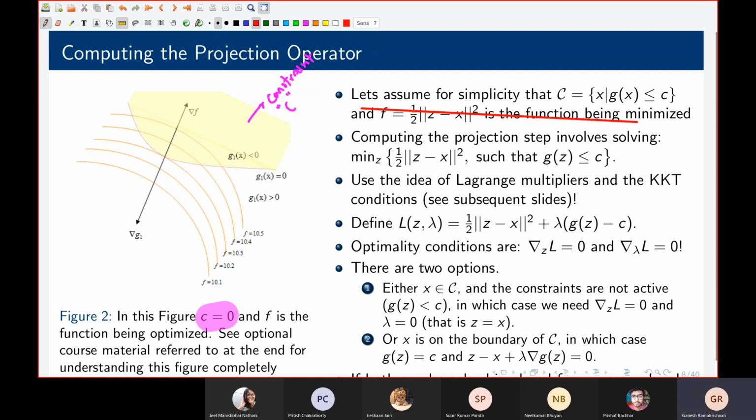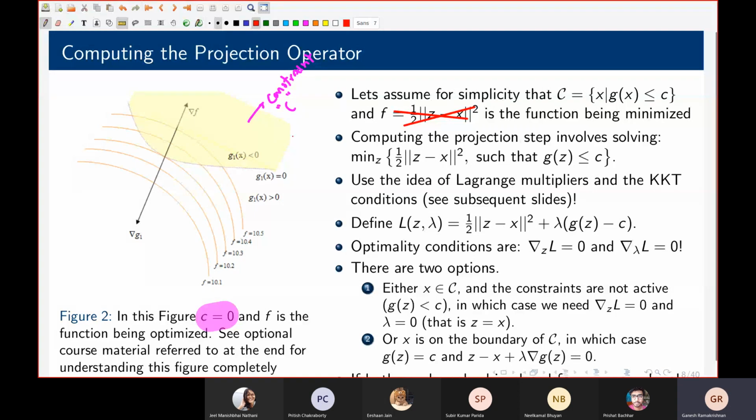The function being minimized is not z minus x squared, that is basically the prox operator. The function being minimized is f. So in fact, what I should cross out is this. f is the function being minimized. So you're trying to minimize a function f such that the constraint g(x) less than or equal to C is satisfied.